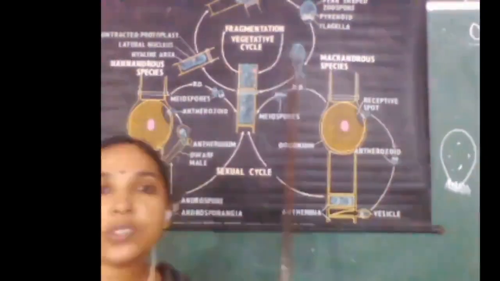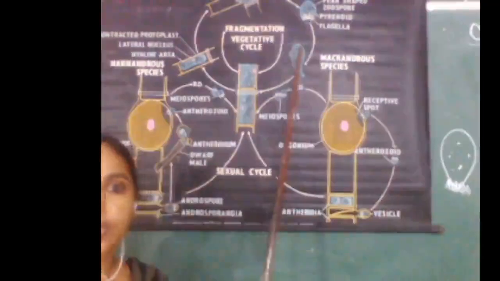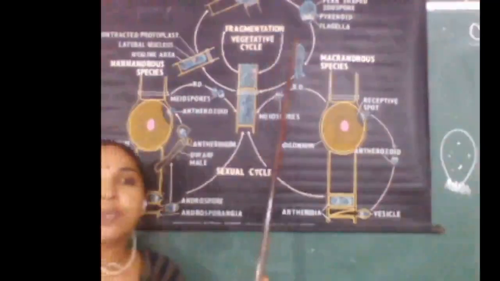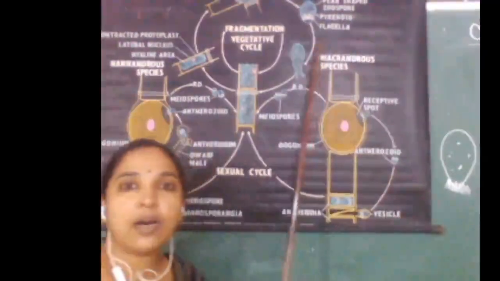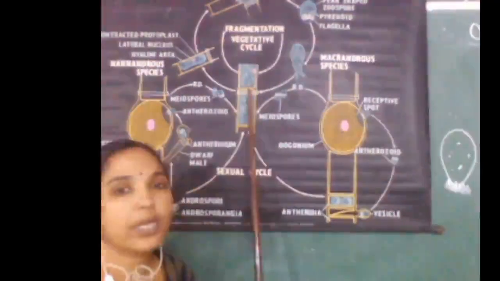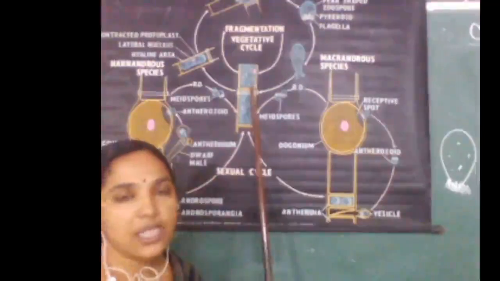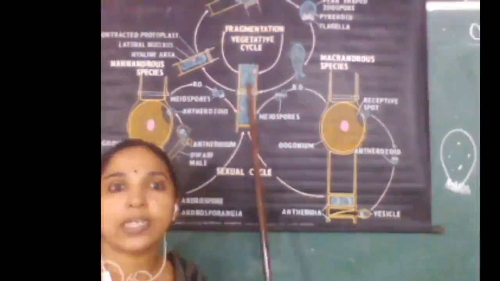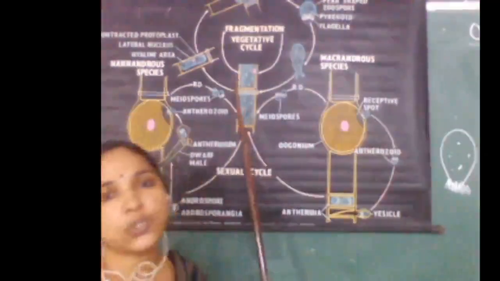Zoospores are produced in the zoosporangium, liberated out in a vesicle, and germinate into a new Oedogonium filament. Clear? That is the simple method of asexual reproduction, formation of zoospores.